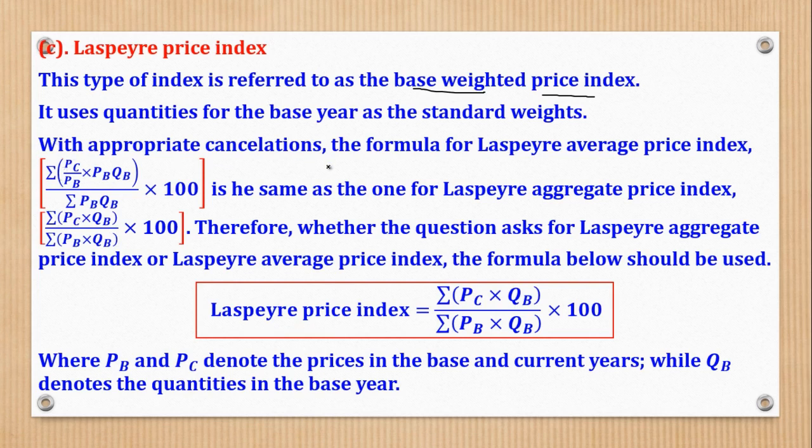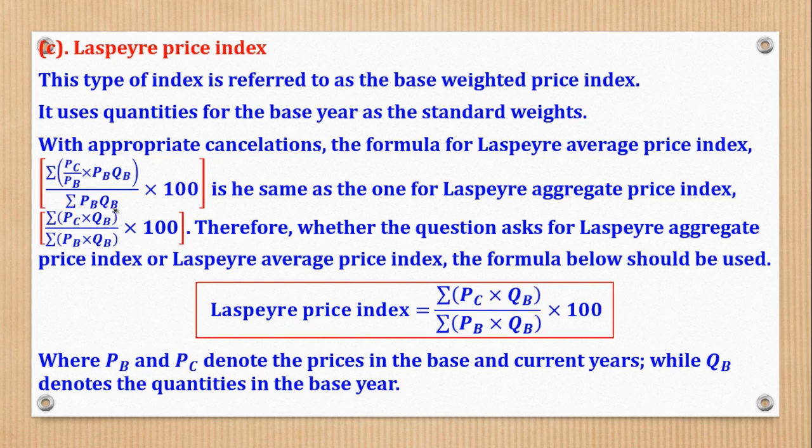So with appropriate cancellation, the formula for Laspeyres average. Remember, now average, like I told you, instead of using QC, we shall be using QB. So with appropriate cancellation, you realize that this formula for Laspeyres average price index and this formula for Laspeyres aggregate price index will be the same.